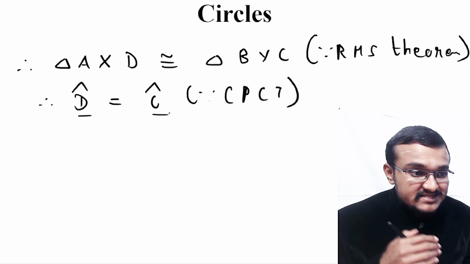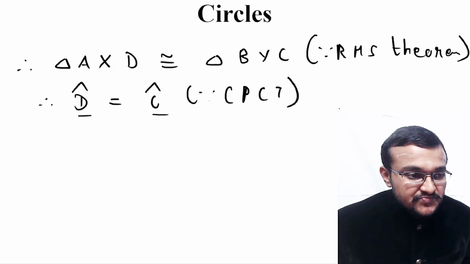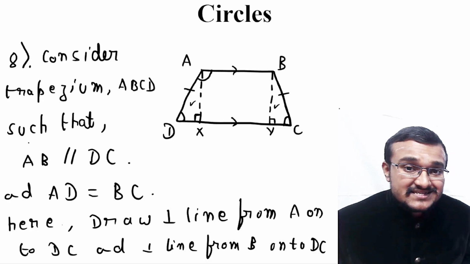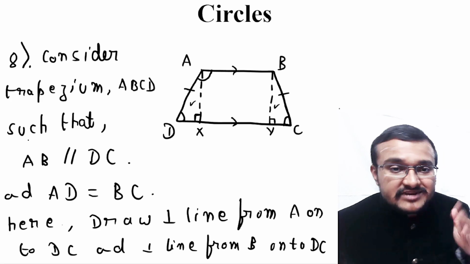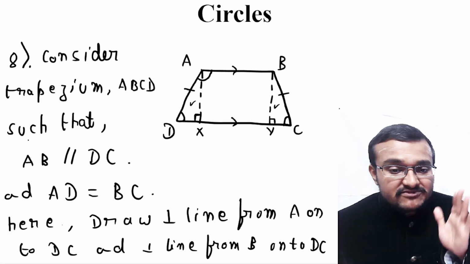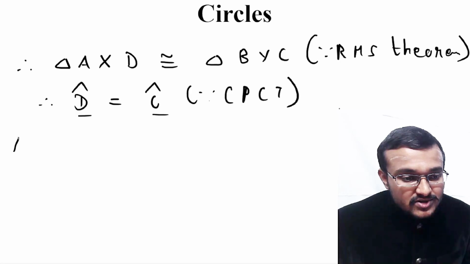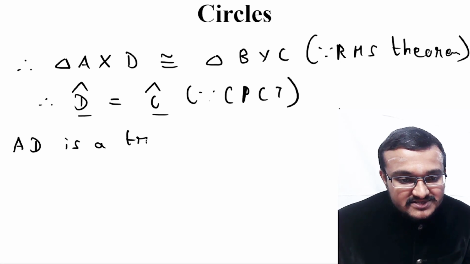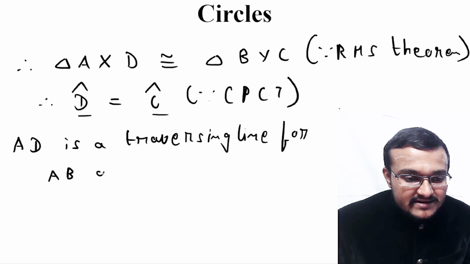Now since D is equal to C and AB is parallel to DC, angle A and angle D act as co-interior angles on the same side of the transversal. Here AD acts as a transversal for AB and DC.